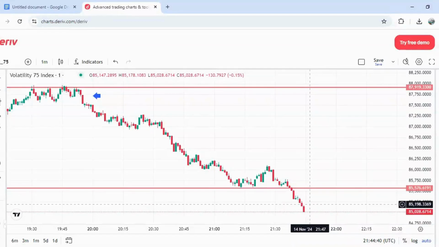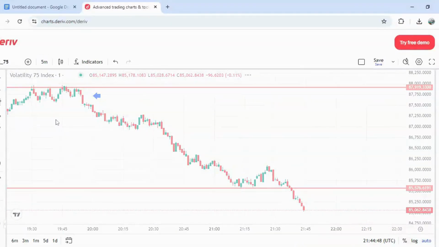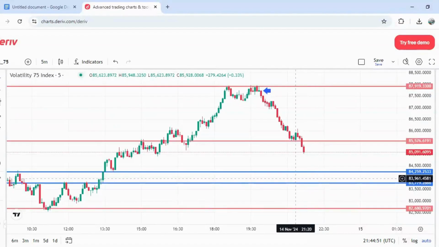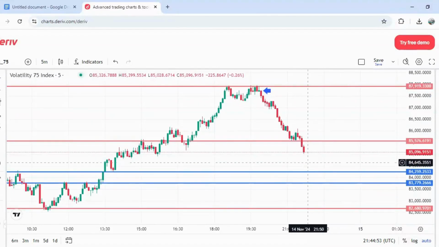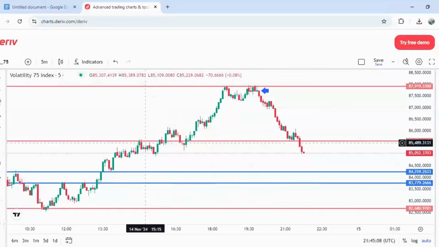After it forms a pullback, or shows a signal that a pullback is being formed, because as you have seen here in 5 minutes, it's in a downtrend. And all markets, when going down, have to pull back and continue going down. It has to form lower high, lower high, lower low, lower high, lower high, and this lower low, and the same for higher high, higher low. So for this one, you have to wait for a pullback.